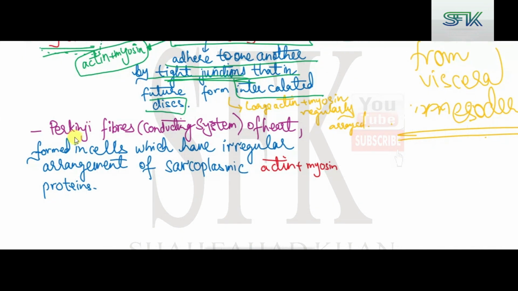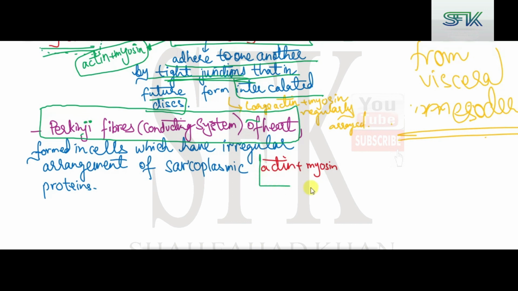And what about the conducting system of the heart? The Purkinje fibers are responsible for the conduction of the nervous stimuli throughout the heart muscle. In the Purkinje fibers, the cells have a different arrangement of the sarcoplasmic proteins.